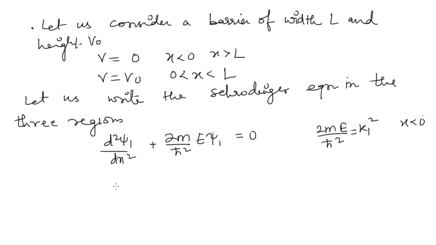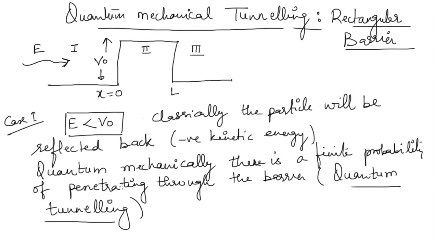Great. Now for region 2, in region 1 my solutions are oscillatory, but in region 2 my energy is less than V naught. So I will pull the negative sign, I will get minus k2 square, and my solution would be decaying.